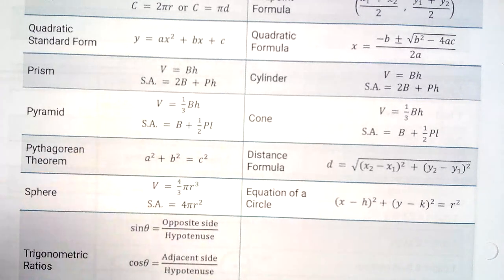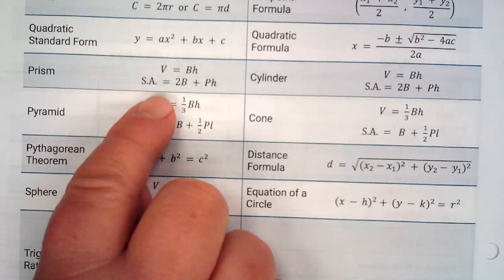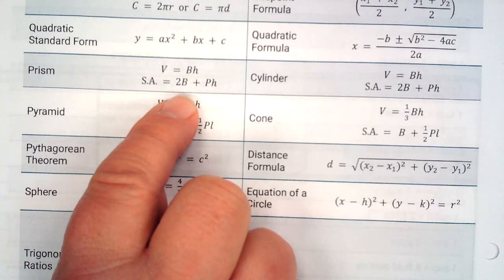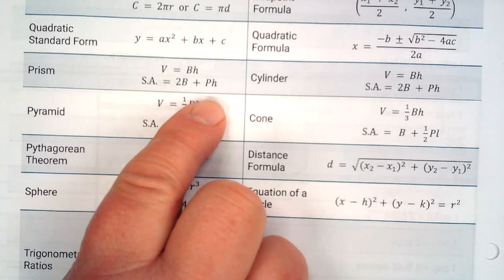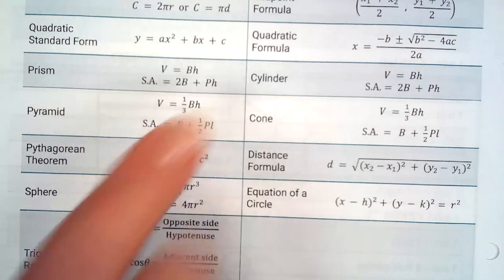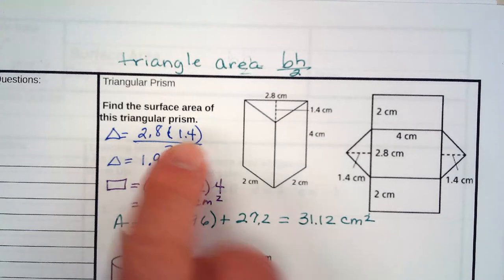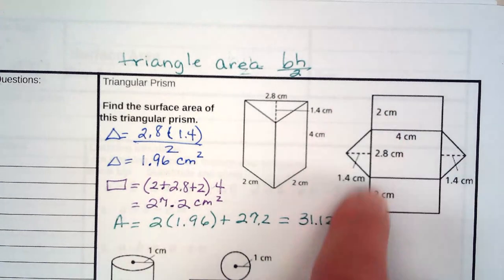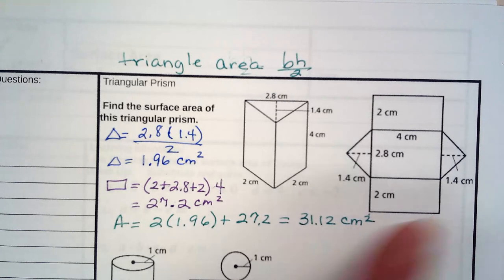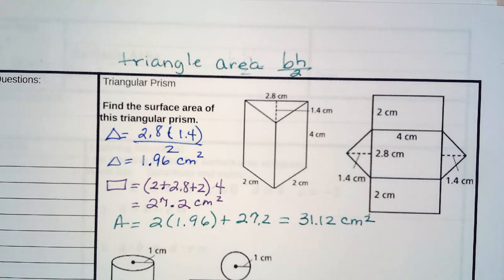So if we're looking at a prism, your surface area is 2 times the base plus the perimeter times the height. 2 times your base, your perimeter times your height. And it doesn't matter if it's rectangular or triangular or if it's a cube.